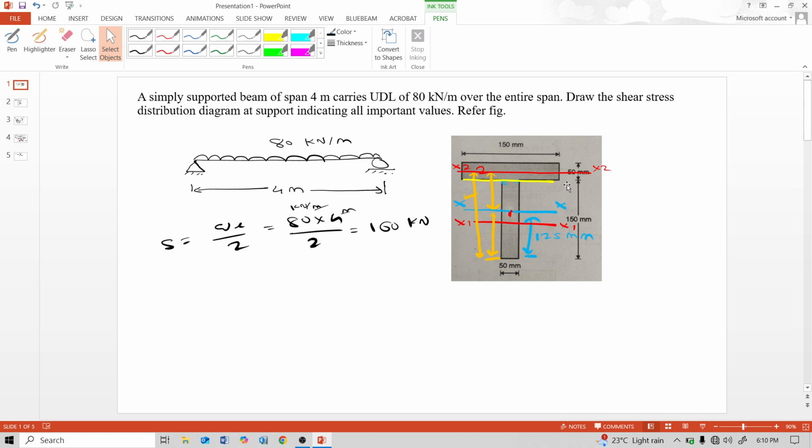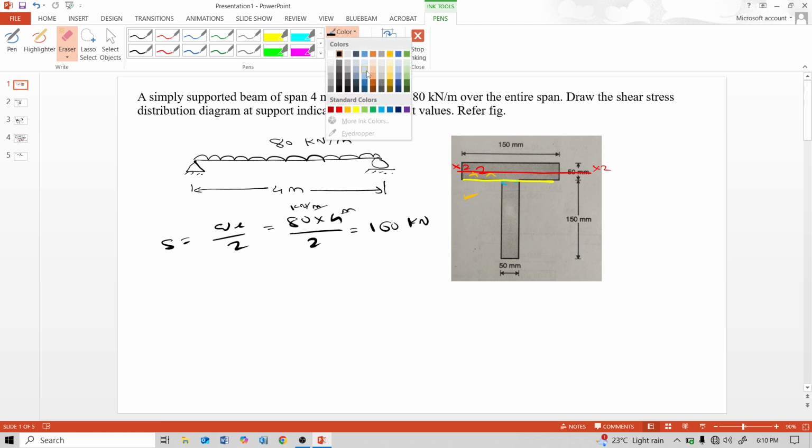Sorry, 125 divided by 2 is the centroid for that portion, somewhere here on the x axis.